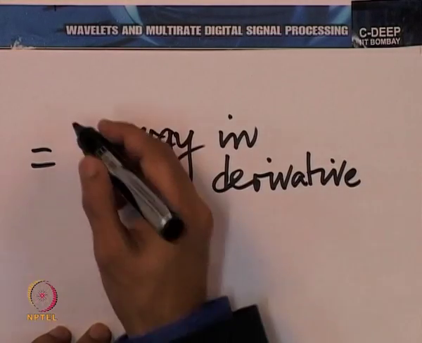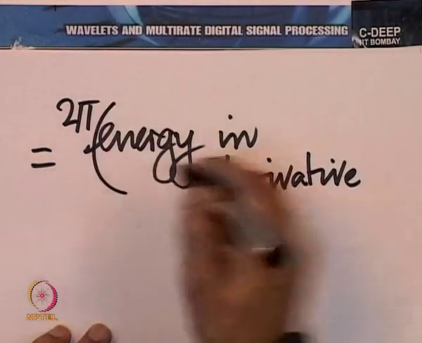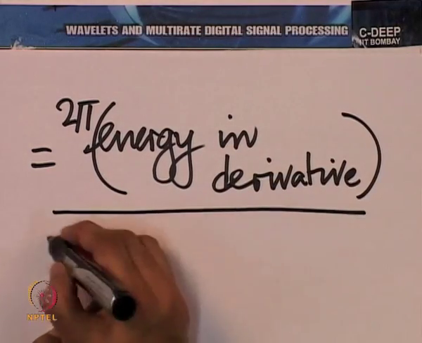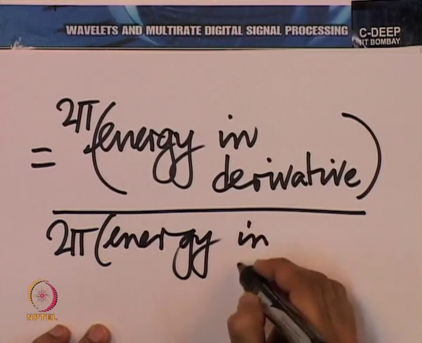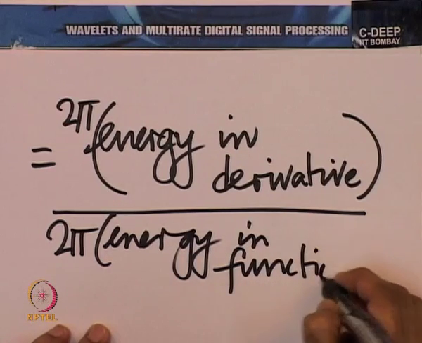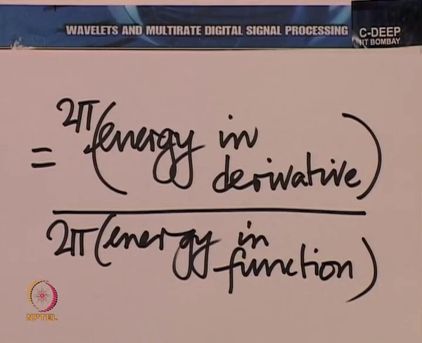So, this would be 2 pi times the energy in the derivative divided by 2 pi times the energy in the function. And please note that this inference that we have made is independent of what function we consider. As long as the function is real, the variance in frequency is going to be this ratio, the energy in the derivative divided by the energy in the function. Let us make that remark.